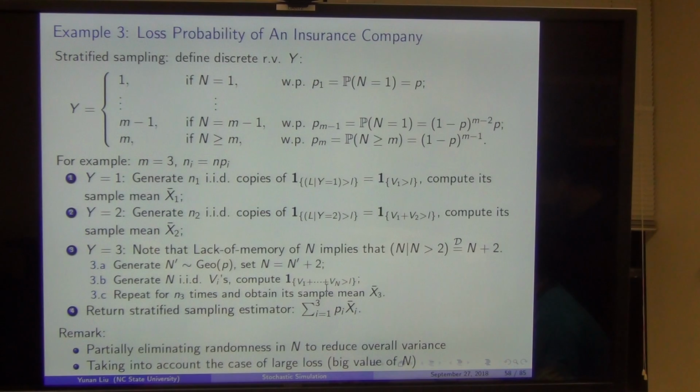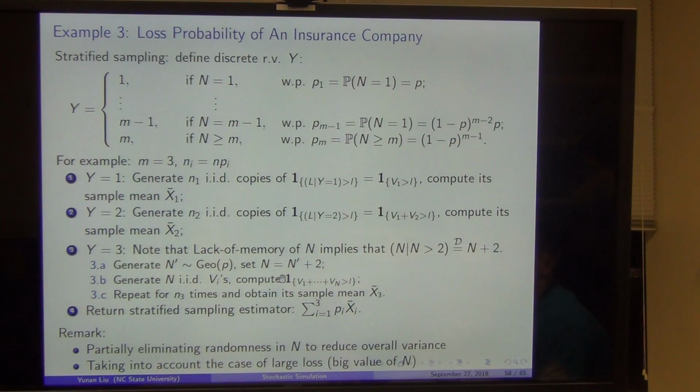So you take into account the case of a large loss. You intentionally generate the case where you have a big n, because in case 3 I'm generating 3 or more copies. So it's more likely for me to have a 1 than in the other 2 cases.